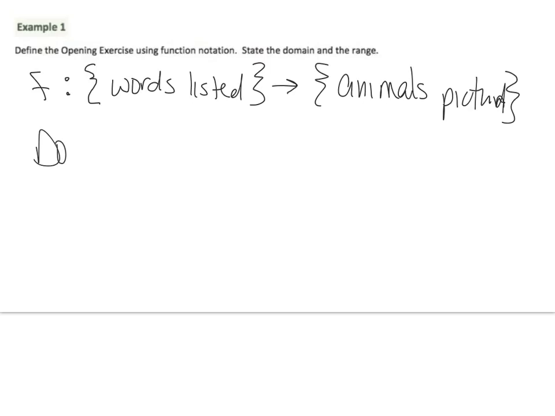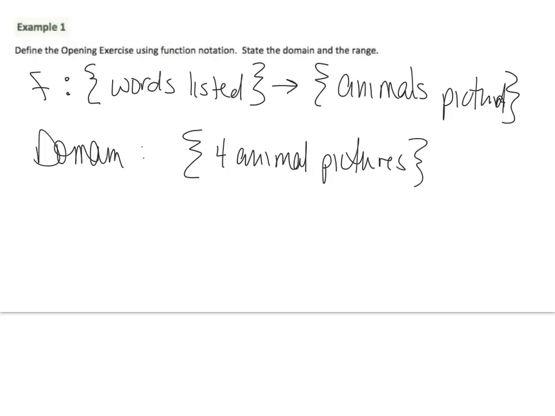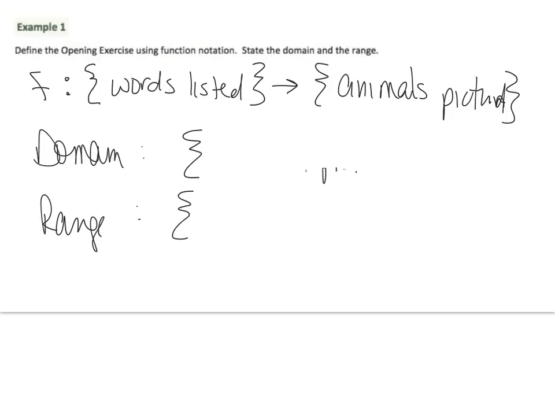So my domain equals the set of the 4 animal pictures. And the range is the set. Actually, I'm going to redo that. I can be much clearer.